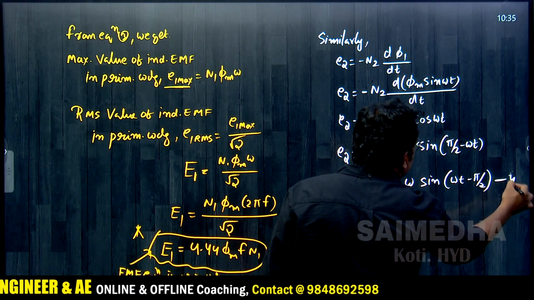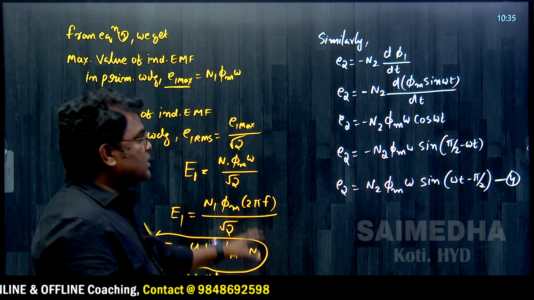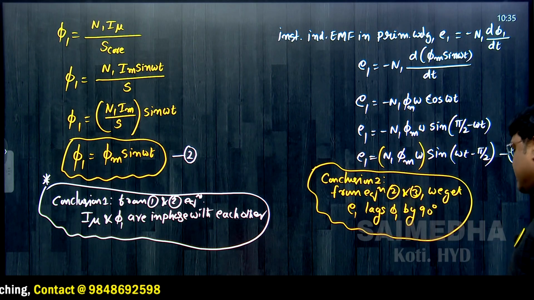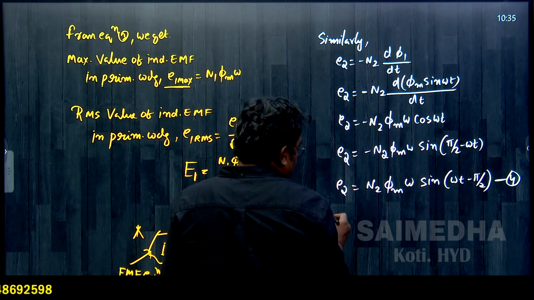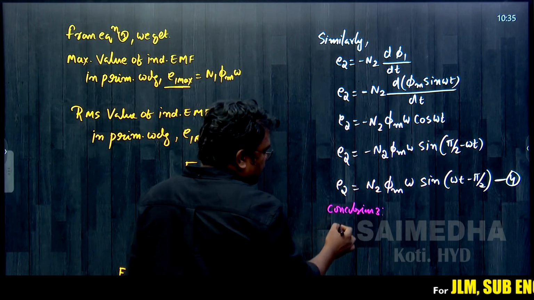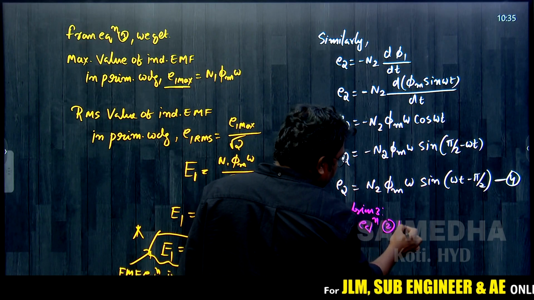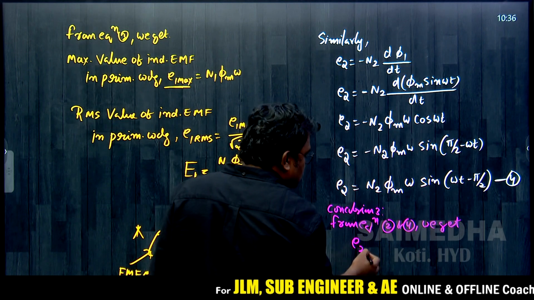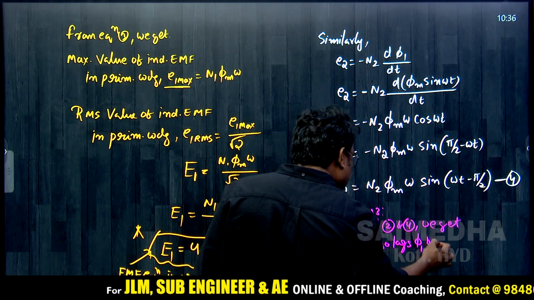Let us assume this is equation number 4. From equations 2 and 3, we got that E1 lags the flux by 90 degrees. Similarly, from equations 2 and 4, this is conclusion number 3: E2 also lags the flux by 90 degrees.